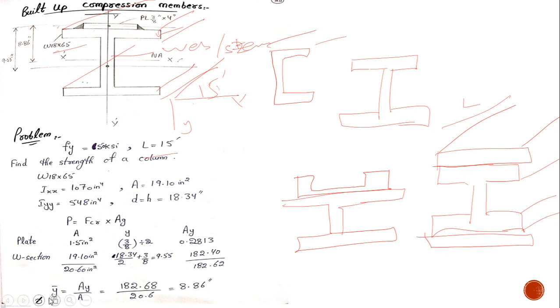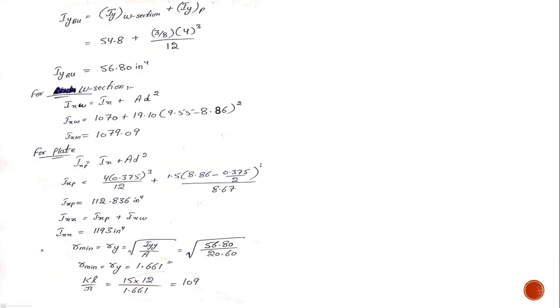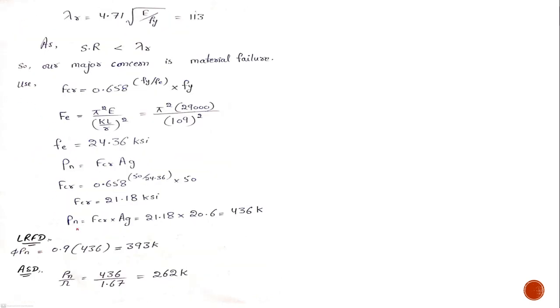Clear. The ultimate goal of this question is to find the design load, I mean, the capacity of your column. That would be found in LRFD as well as ASD. For LRFD, I would multiply it by 0.9, the resistance factor, and for ASD, I would divide it by a factor of safety, 1.67.